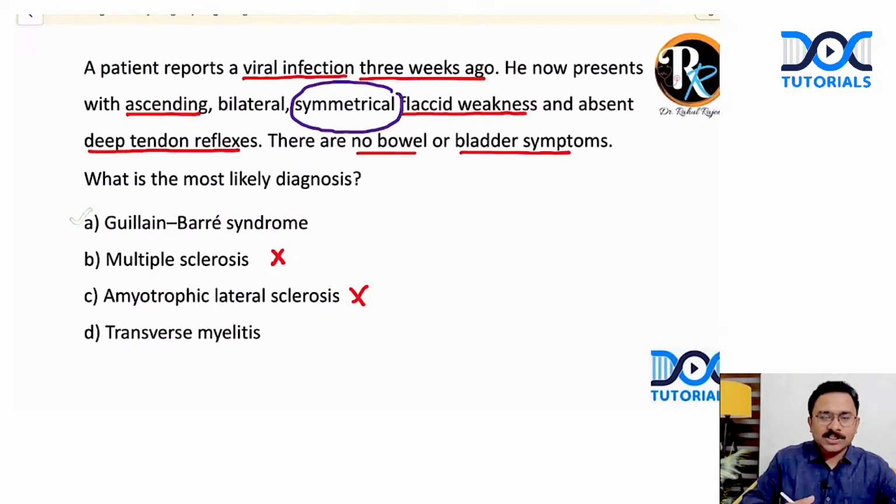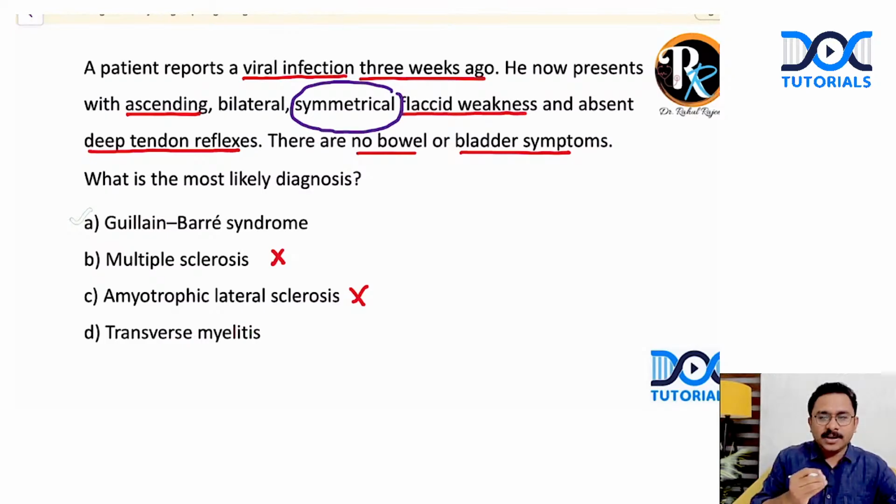What about transverse myelitis? Remember, transverse myelitis is an important differential diagnosis of Guillain-Barré syndrome. So in transverse myelitis, can the patient have UMN weakness or LMN weakness? It is UMN weakness. But remember, even in transverse myelitis, in the stage of neuronal shock, the patient can have some sort of flaccid weakness.